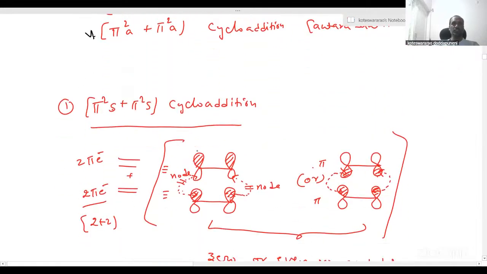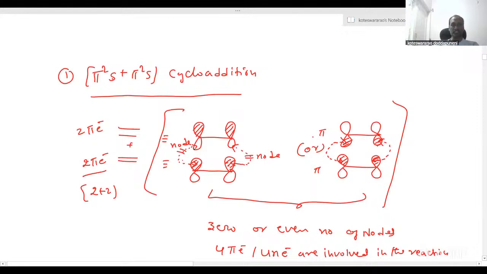Now, coming to the first one, what we need to consider for applying the PMO method is only the transition state. The pericyclic reaction involves substrate molecular orbitals in the bonding set, or the lower energy molecular orbital set, considered for predicting the reaction conditions.